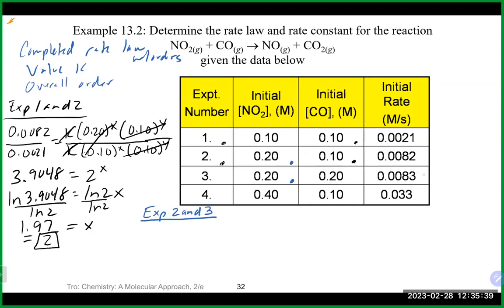It's not that big of a difference, but I'm going to put number 3 up on top, which is 0.0083.